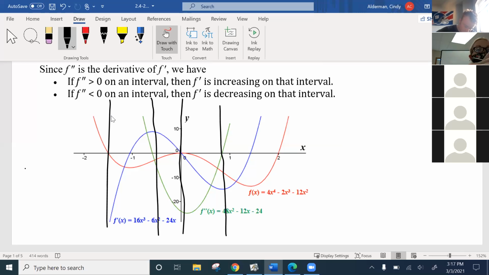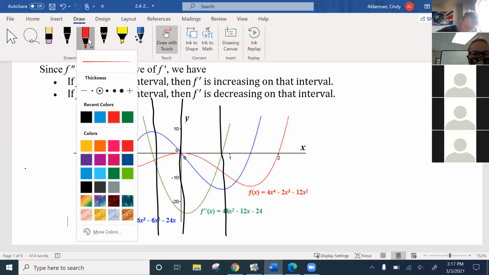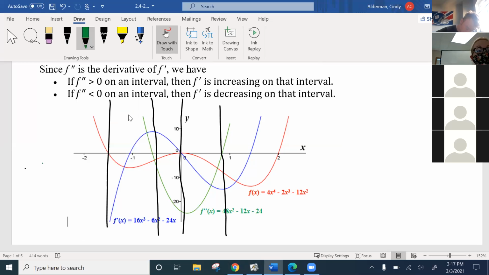So let's take a look at what happens when the second derivative is above the x-axis. That would be here and here. Do I need to draw in another interval? No, that's all of them.